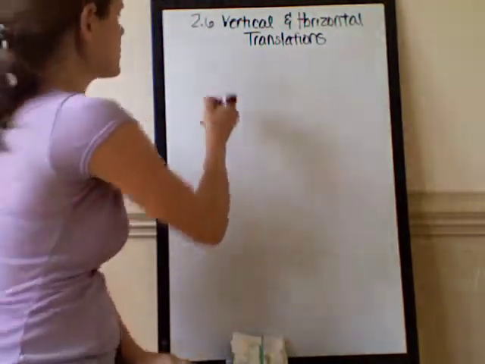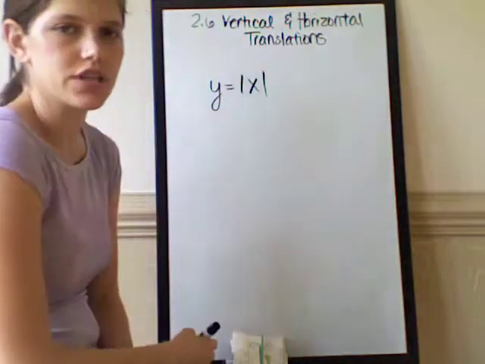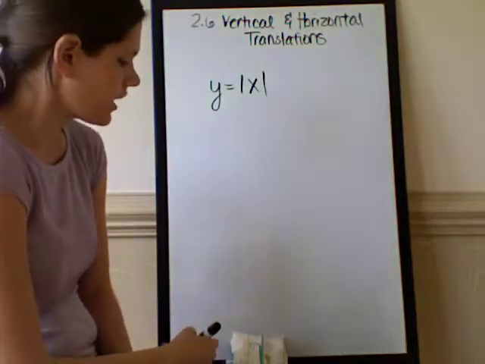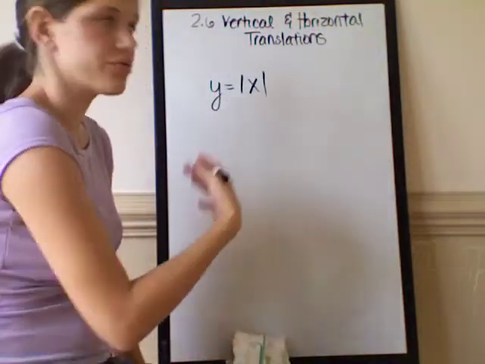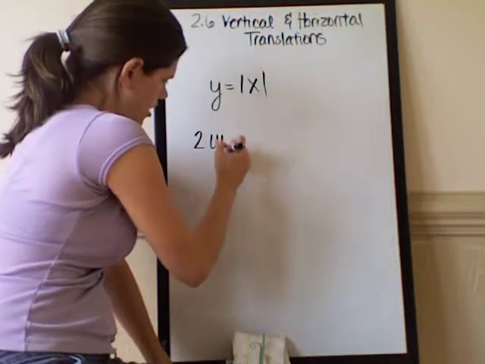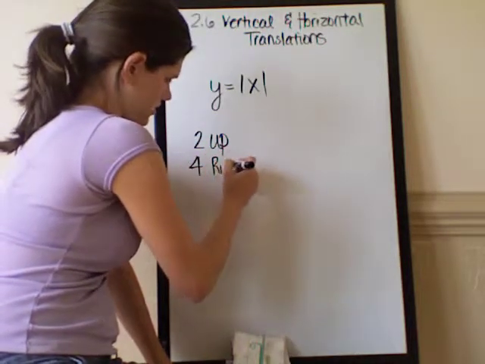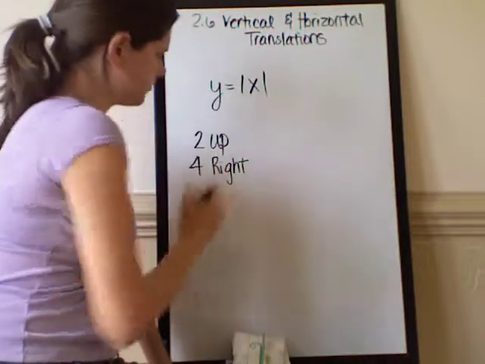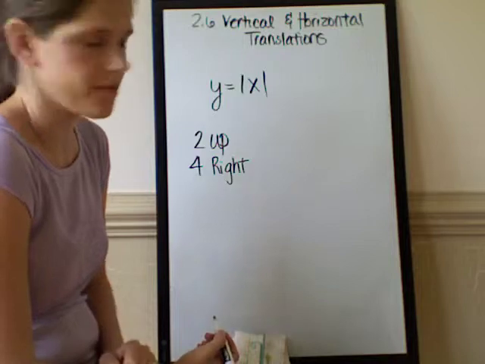Next, let's say we start out with our parent function, the absolute value of x. And I want to know what is the new graph, or the new equation, after going 2 up and 4 to the right. So I've got to take this equation, go 2 up, 4 to the right.